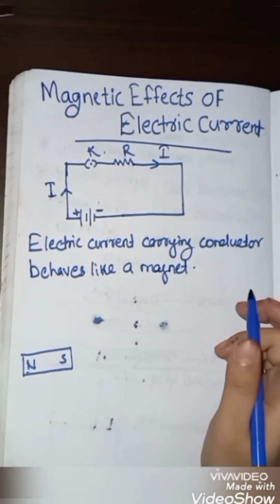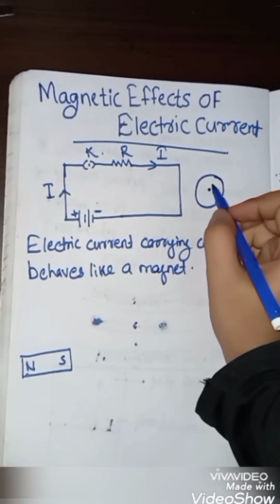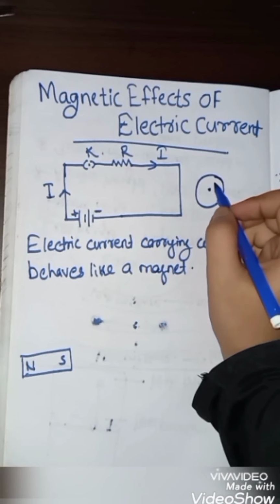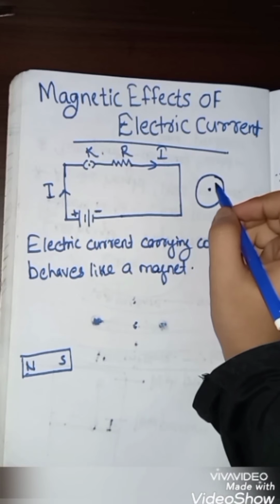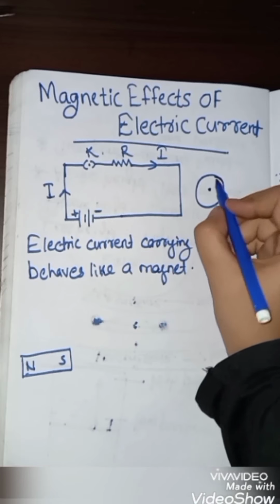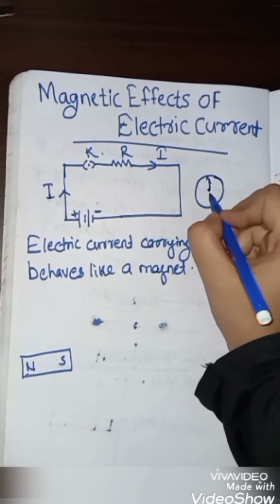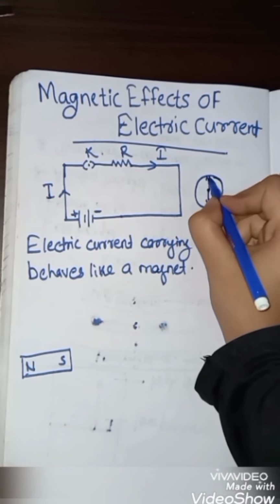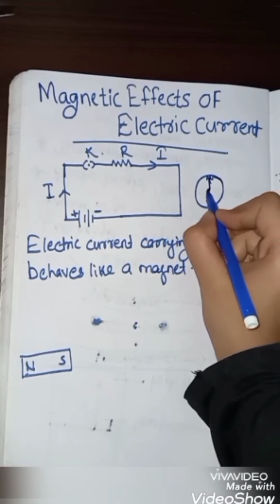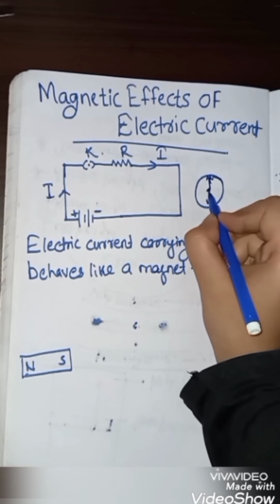Have you heard about the magnetic compass? We all use the magnetic compass for finding direction. When we travel through unknown places, we use the magnetic compass to know the direction, whether it is north or south or west or east.